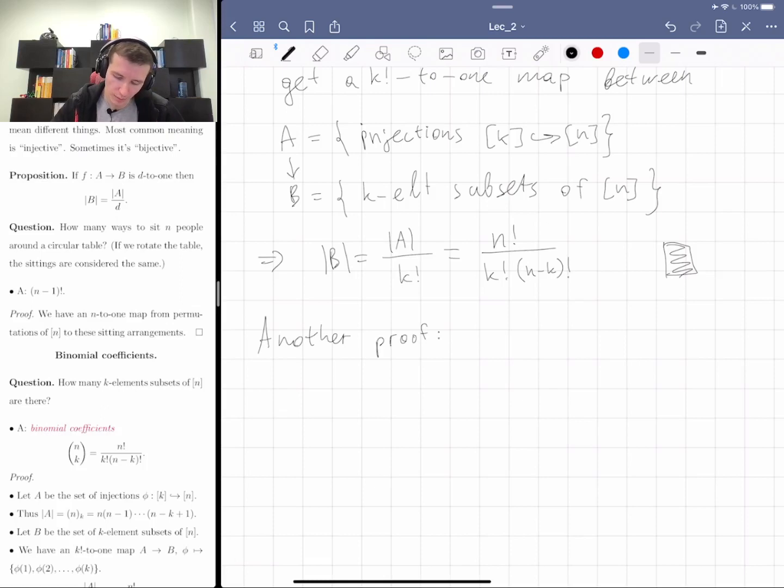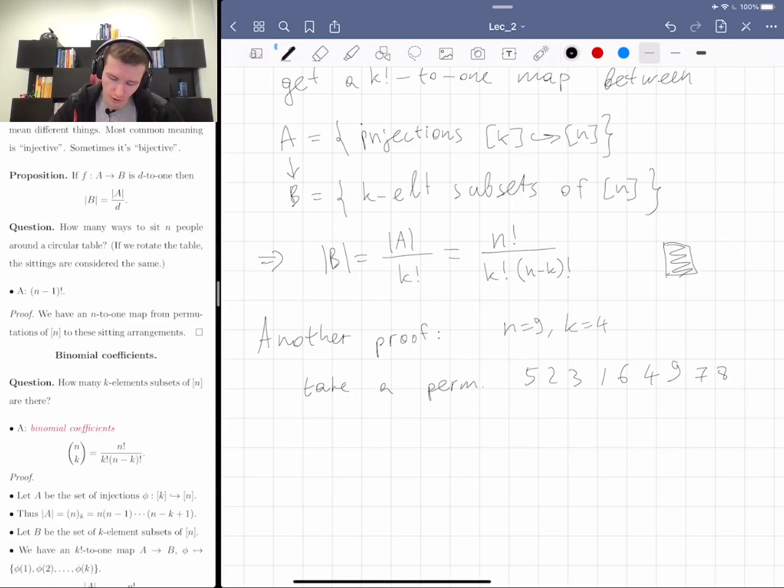If you take a permutation, maybe 5, 2, 3, 1, 6, 4, 9, 7, 8. Let's say n is equal to 9 and k is equal to 4.